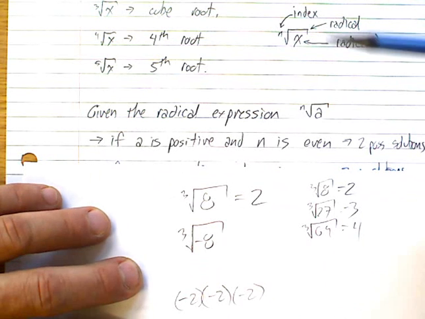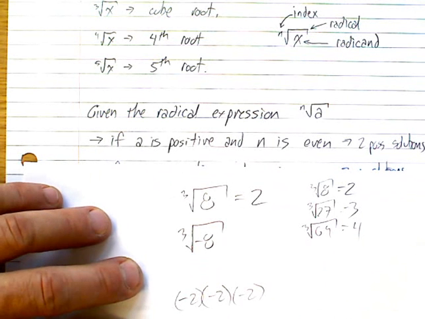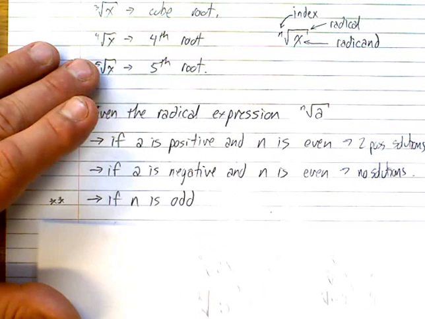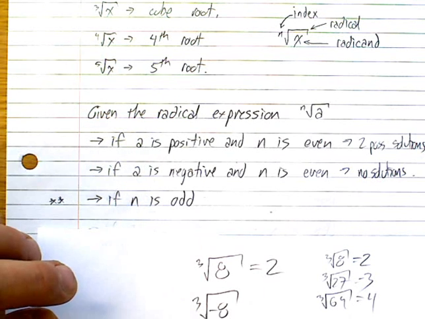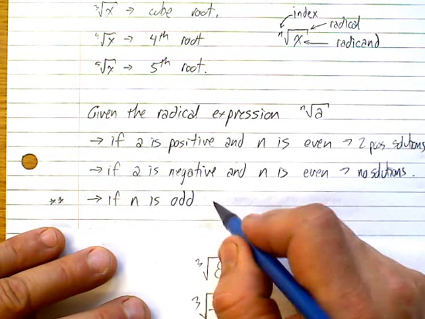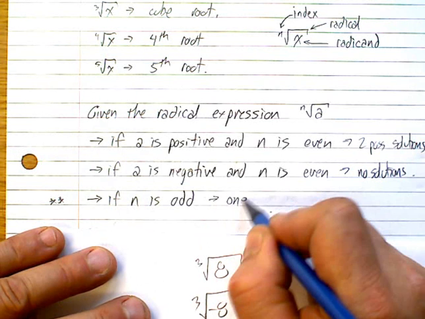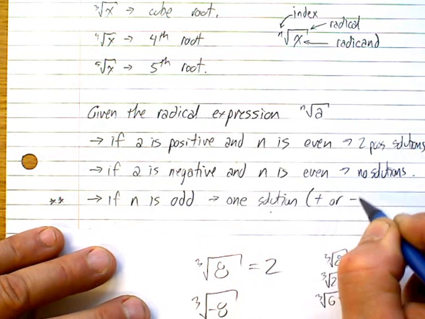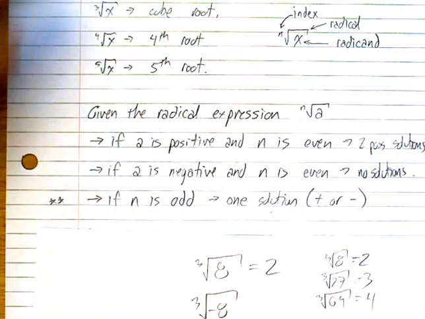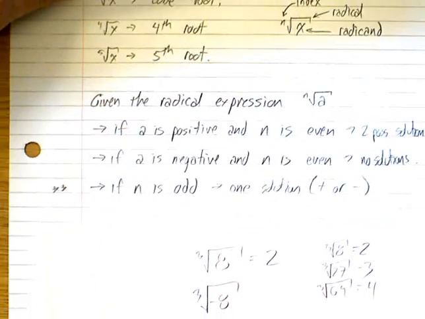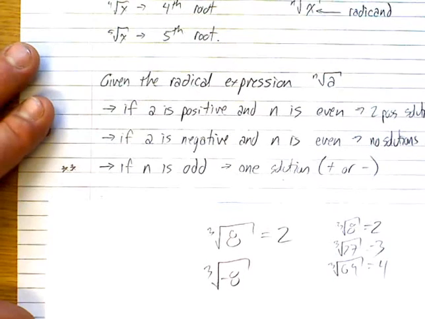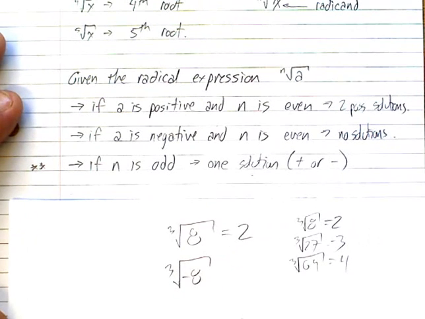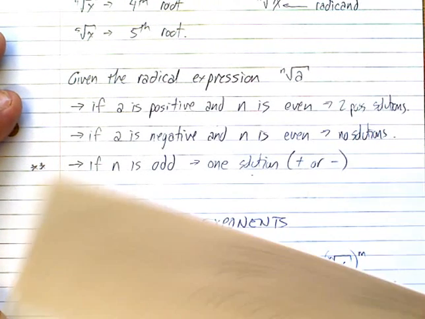So negatives work. You can take the cube root of a negative number. You can take the 5th root of a negative number. So if n is odd, then there is one solution. And it could be either positive or negative. So that's just sort of an introduction to the different indexes, the different indices, I guess would be the proper plural term.